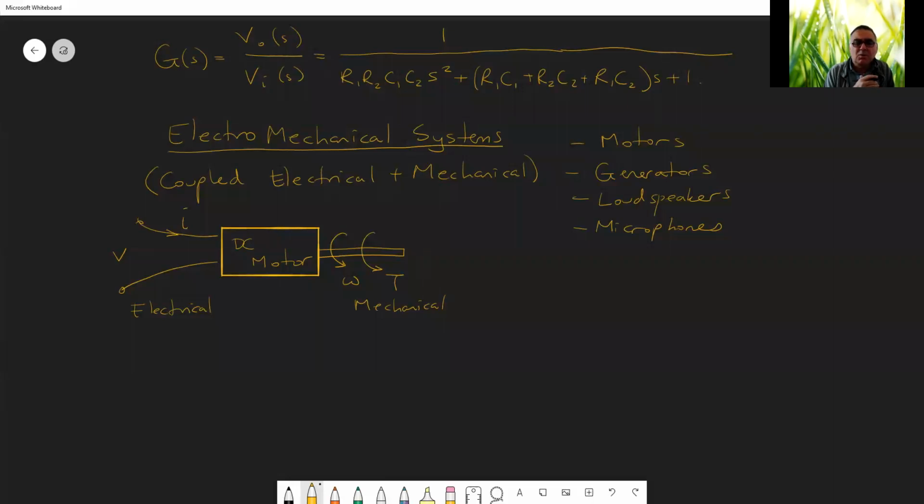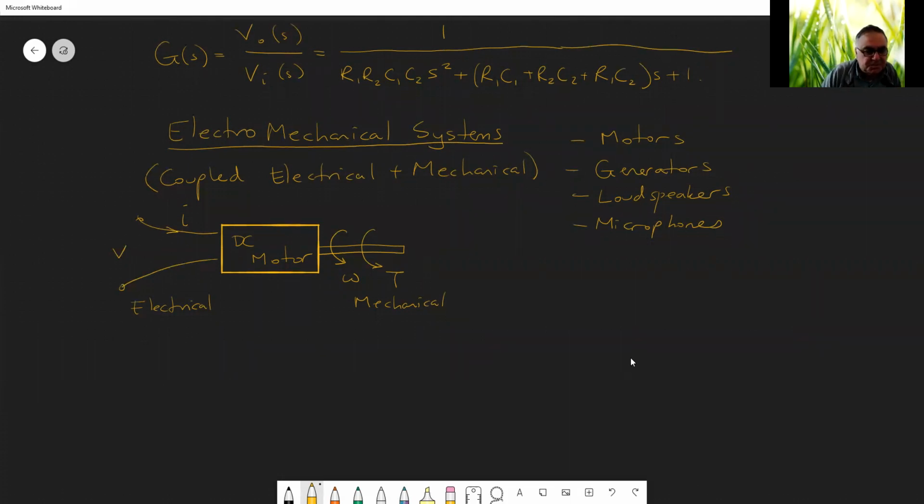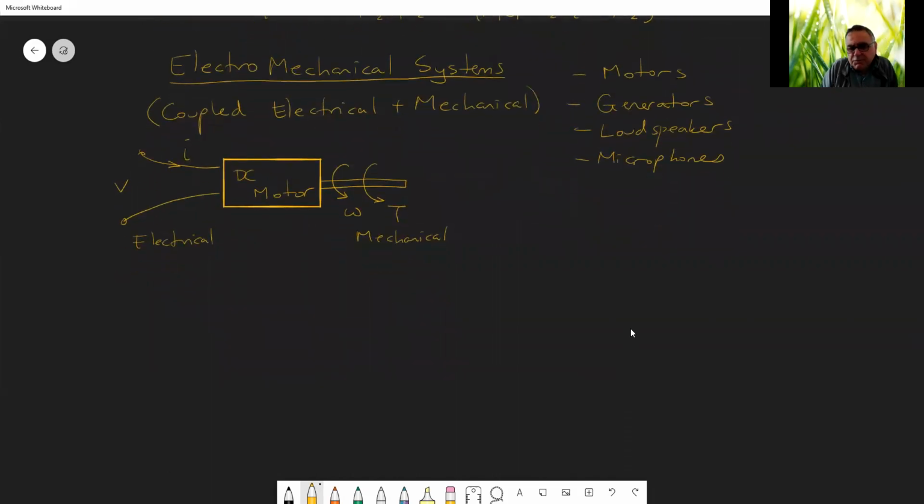I'm not going to go into the details of how an electric motor works. It is basically because of the interaction of the electromagnetic field with the rotating motor that we generate the motion, as Faraday was able to show in the 19th century.